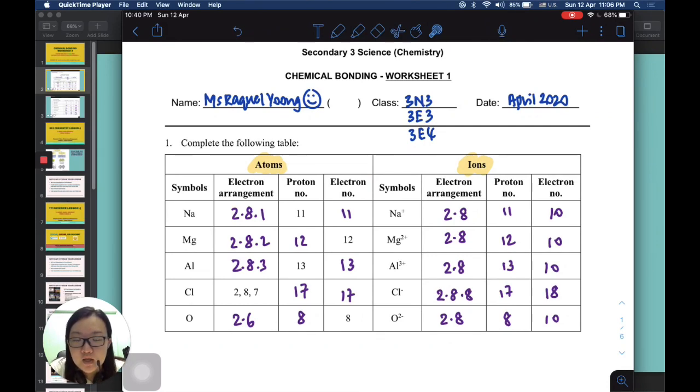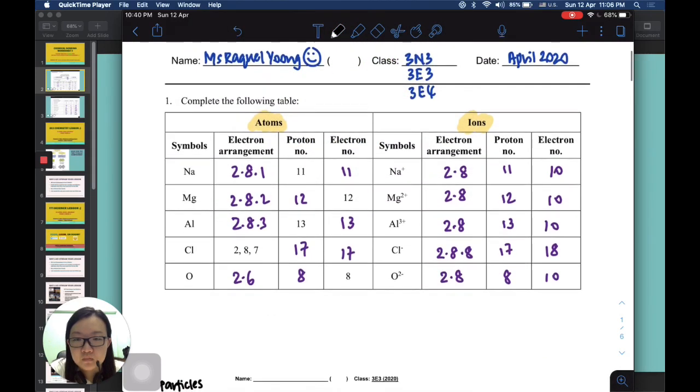So perhaps we can have a look at sodium. If you follow through with my train of thought, for this particular chapter we always talk about things at a symbolic level first, meaning looking at your periodic table, what are some of the symbols as well as data that you can get out of it.